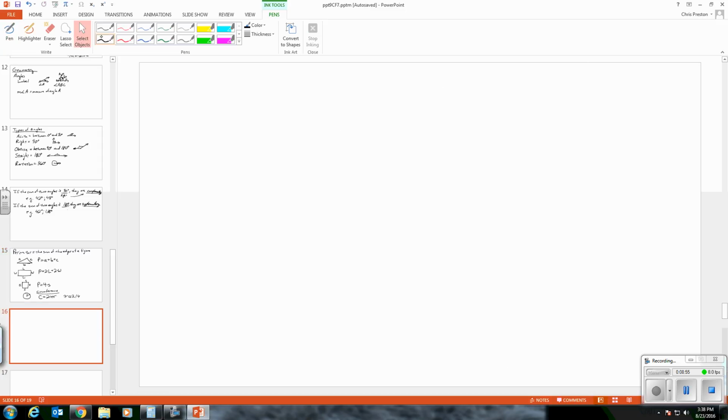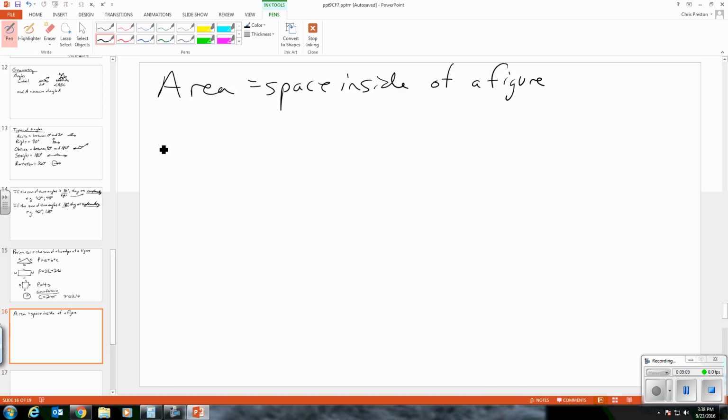The other type of geometry thing we need to know is area, and this is the space inside of a figure. And so for a triangle, the way you calculate the area is you have to know another value. You need to know the height of your triangle, and you know its base.